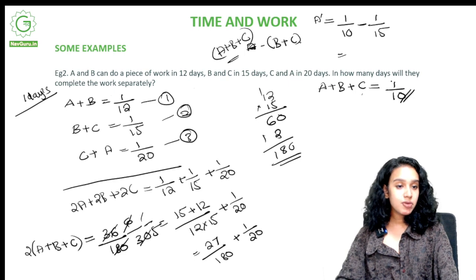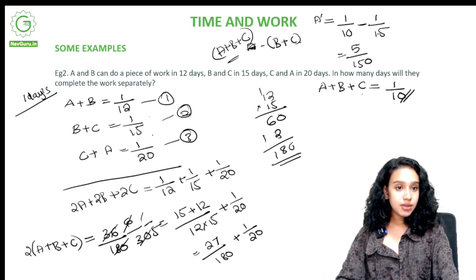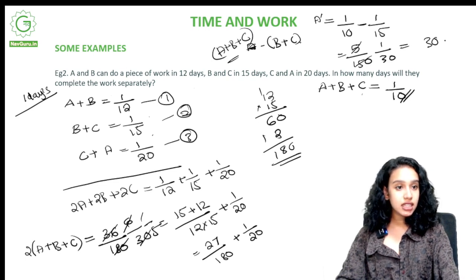So 1/10 minus 1/15 is 5/150. So we get 1/30. So if A is working alone, he'll take 30 days to complete the work, right?